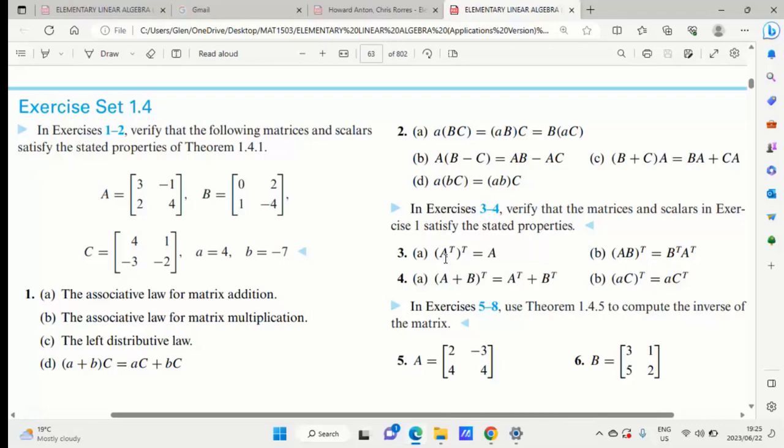I'm going to get the same answer. If A, B, and C are 1 by 1 matrices, you will get the same answer.